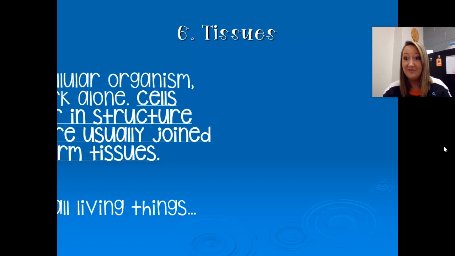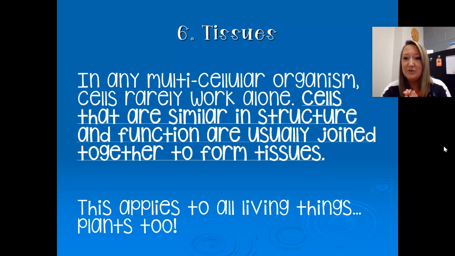Now, if we've got a whole bunch of cells, we have tissues, right? Tissues are groups of cells that are similar in structure that are joined together to form a tissue. A group of cells working together is a tissue, right? This applies to all living things, right? We have tissues in our body.